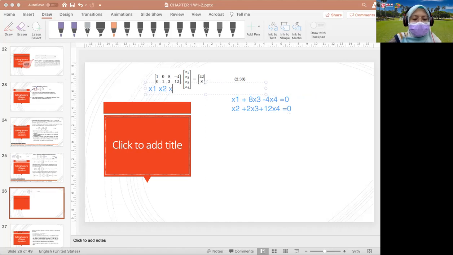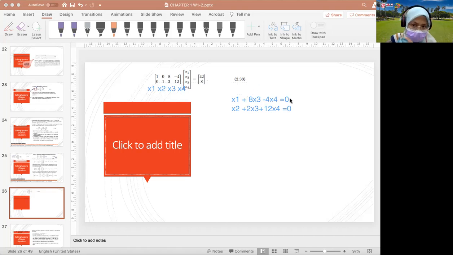But for the x3 and x4, because it's still in a complicated form, this x3 and x4 can be what we call a free variable. It can be any numbers for the x3 and x4.